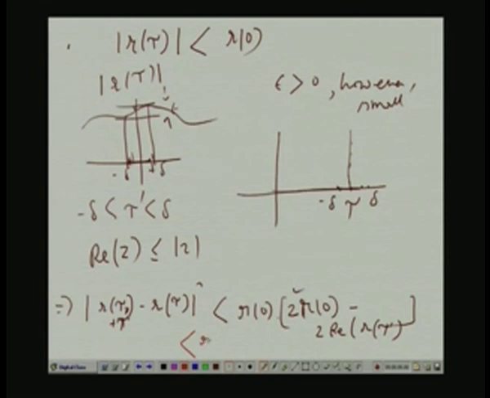I can write this as twice R0 minus twice mod of R tau prime. Maybe I write it somewhere else, because it is becoming a bit congested.